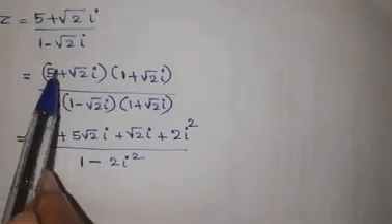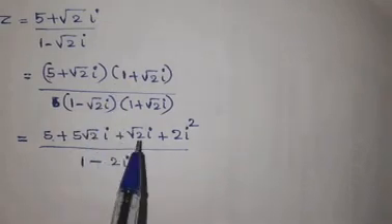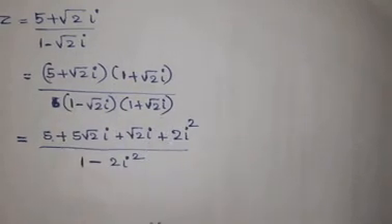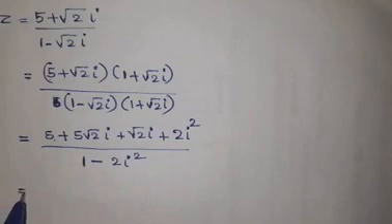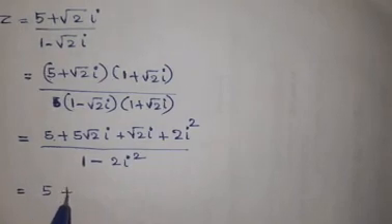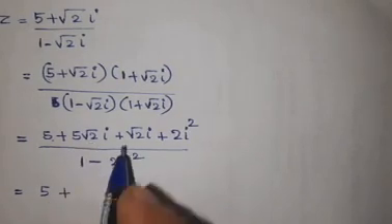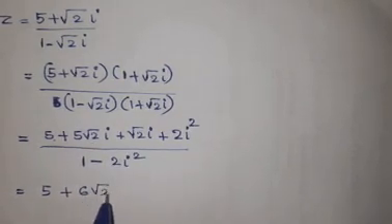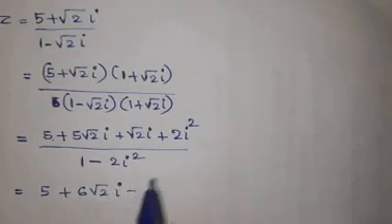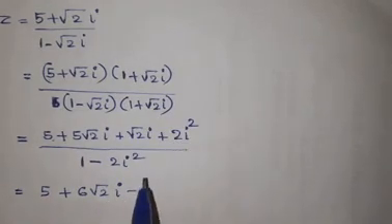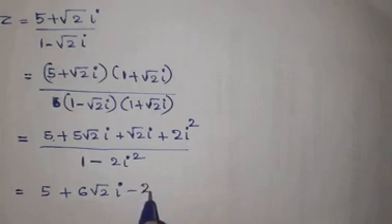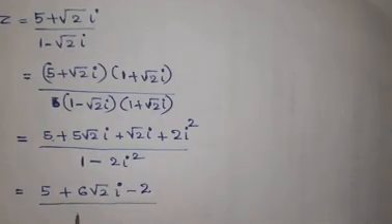This is equal to 5 plus 5 root 2i plus root 2i. 5 root 2i plus 1 root 2i is 6 root 2i, plus 2 into i square, 2 into minus 1, minus 2, divided by 1 minus 2i square is minus 2.